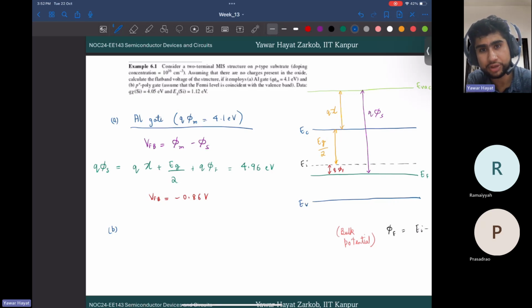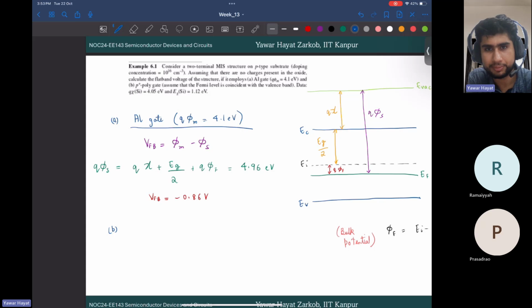This whole phi s would remain same, right? The only thing that we are changing is the gate. Now we are using a P plus poly gate. In the question, it is not mentioned that you are making any change to the semiconductor. So the semiconductor is same. The only way to change the work function is to alter the doping. If you don't play with the doping, the work function will remain same, right? Yes, sir. So your phi s is same.